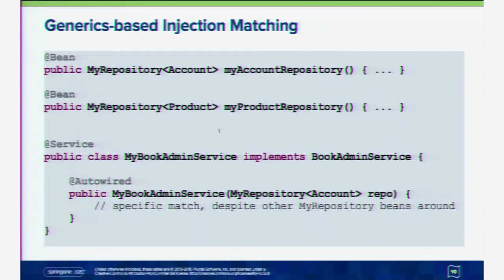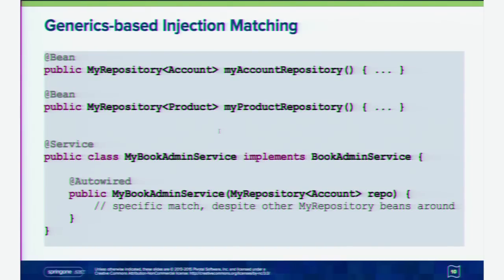In previous Spring versions, you would have run into an exception that says, sorry, no unique match. There are two MyRepositories in your context, MyAccountRepository and MyProductRepository. Can't resolve it for you. Give me a more specific hint. Give me a qualifier. You don't have to add a qualifier here. No need for extra metadata. The type declaration in the parameter is expressive enough. This is also part of our general design mission here: a Java language feature, generic type declarations.